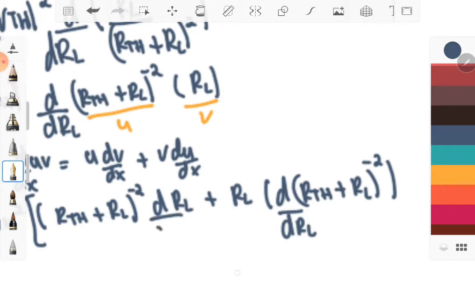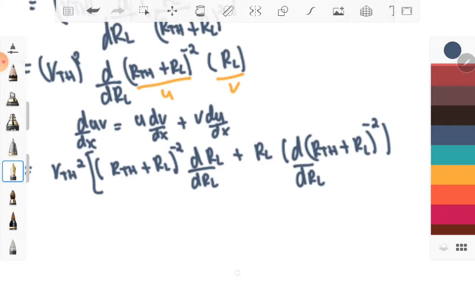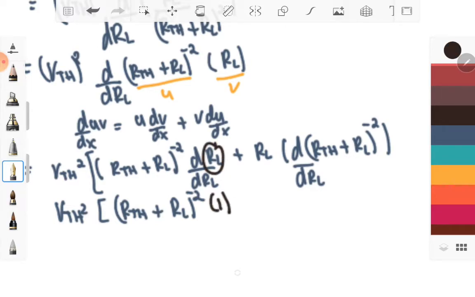So with respect to dRL, the derivative of RL is just equal to 1. So we have VTH squared multiplied by (RTH plus RL) raised to negative 2, and the derivative of RL is equal to 1, right?